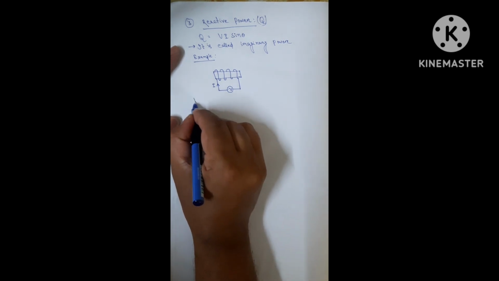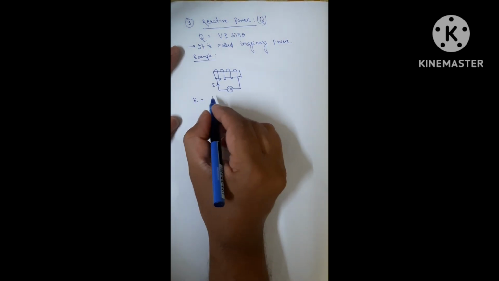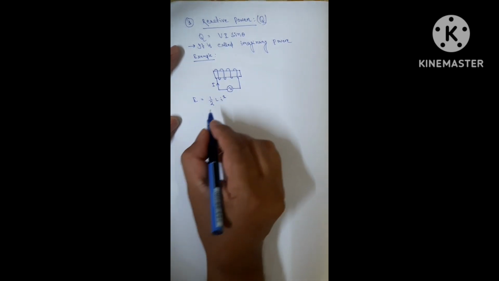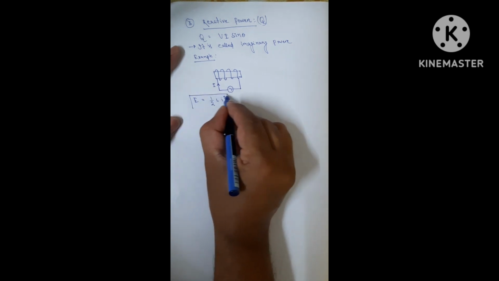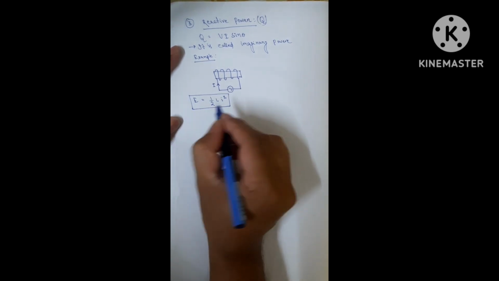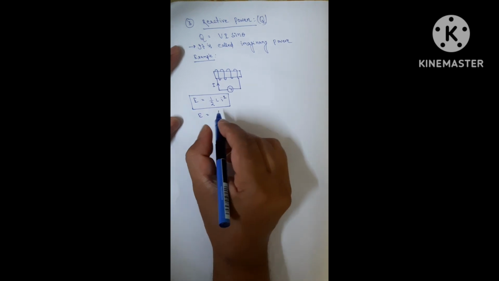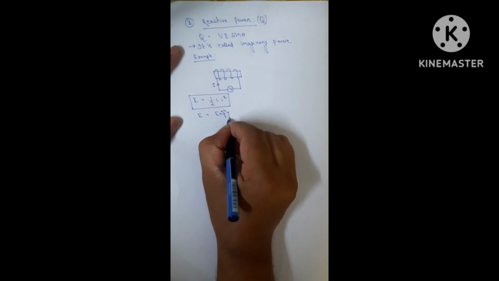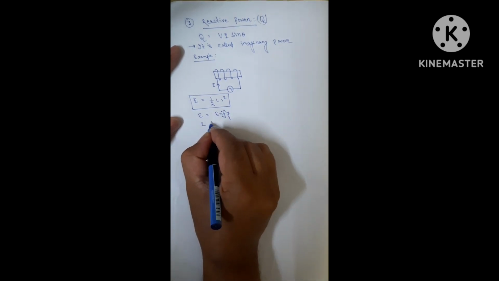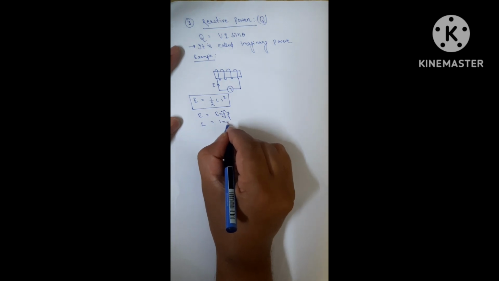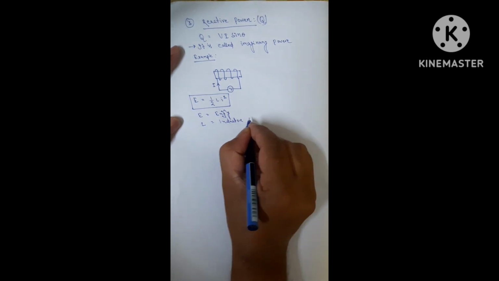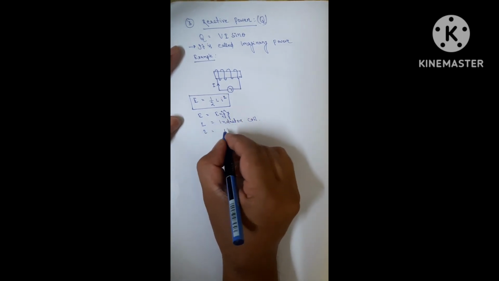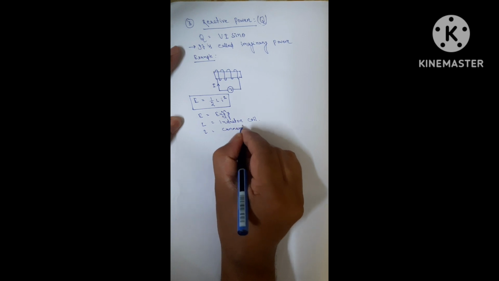Now the energy developed in the circuit is E equal to half L I square. This is your energy developed in the circuit, where E equal to energy, L equal to inductor coil, I equal to current flowing through the coil.